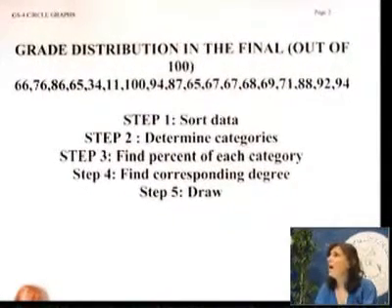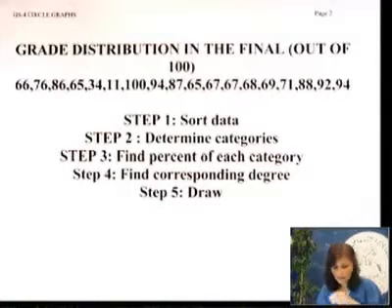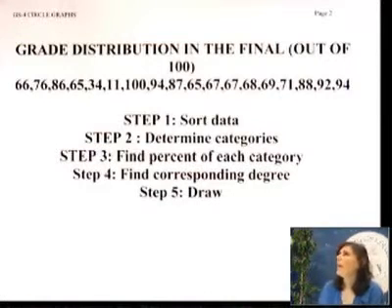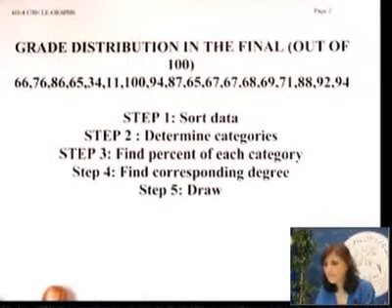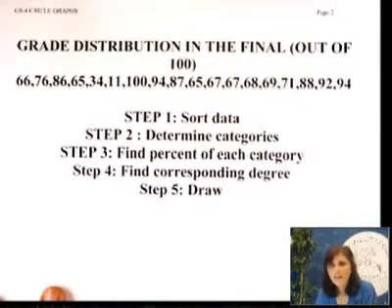All right, I am going to look at data, and we are going to generate a pie chart related to data. Let's say I gave a final. I just want to see how the class is doing. I may do a pie chart. So what I need to do is sort the data, and determine categories, how I want to categorize that.